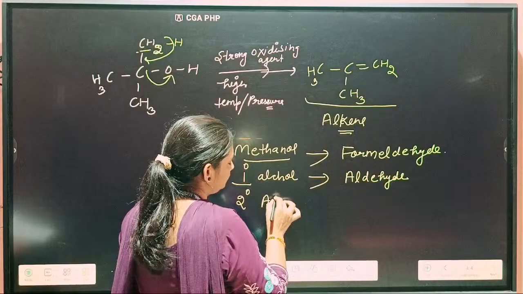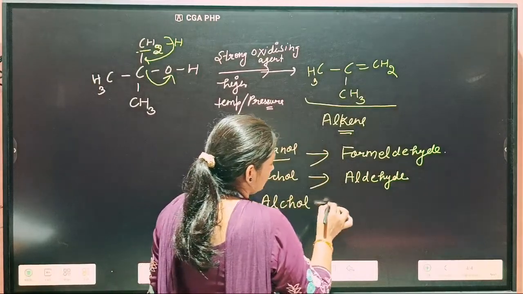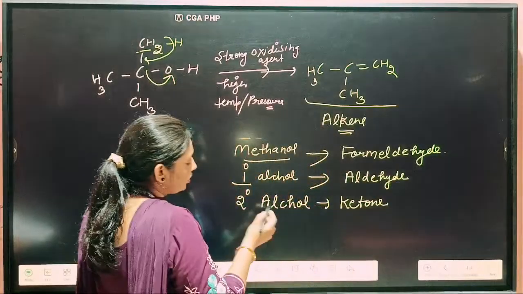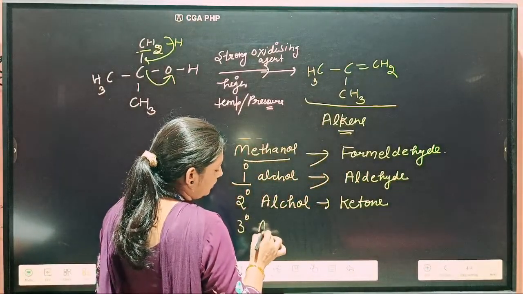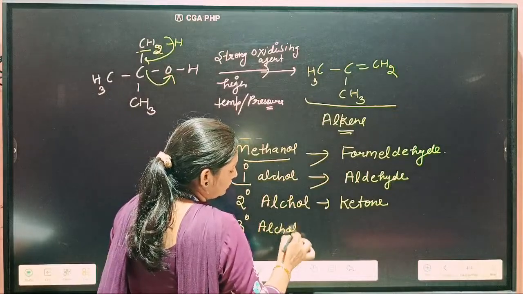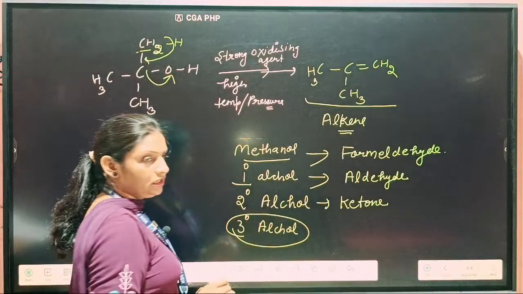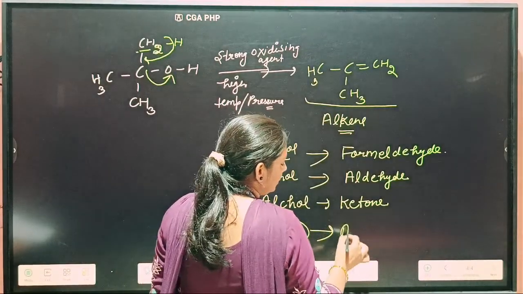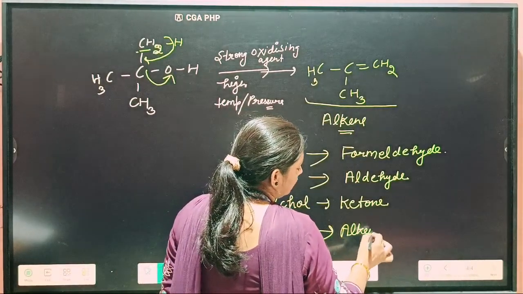Secondary alcohol gives ketone, and oxidation of tertiary alcohol we cannot do in simple, normal conditions. In presence of a strong oxidizing agent, dehydration takes place and they can convert into the alkene.